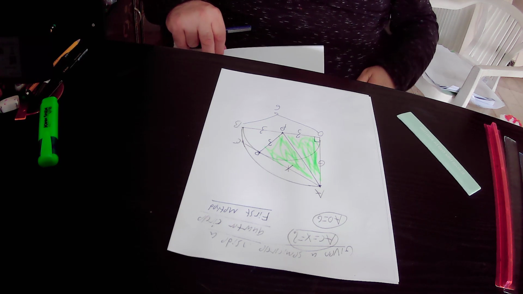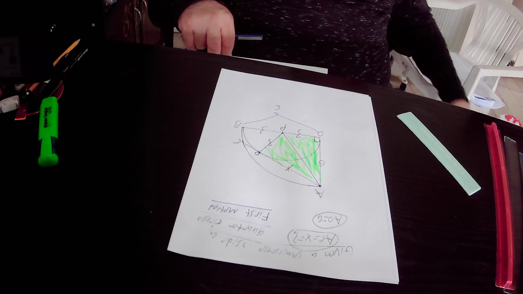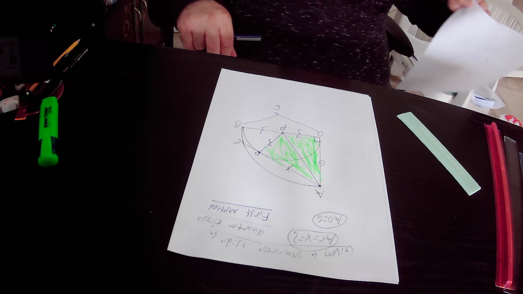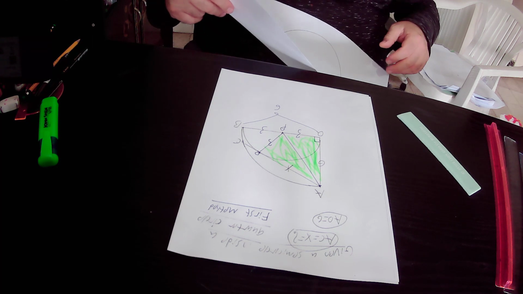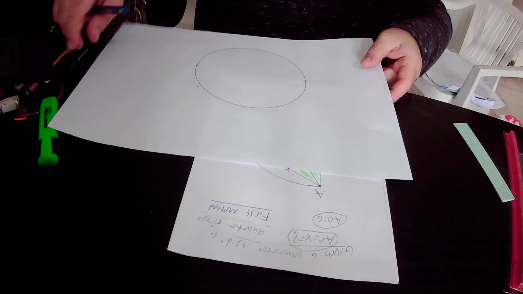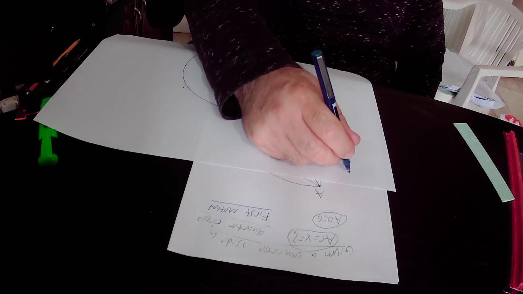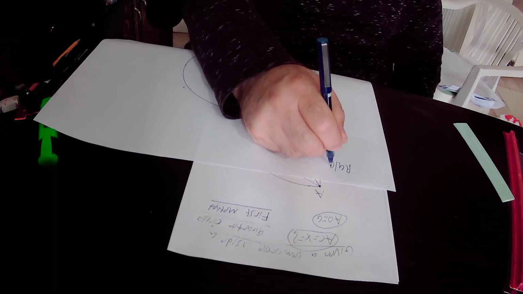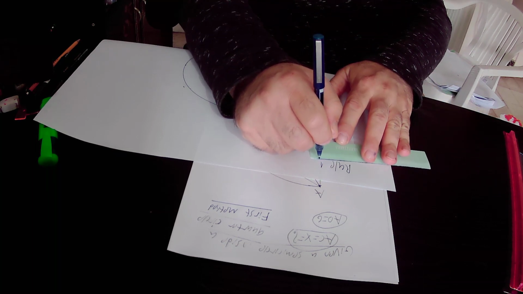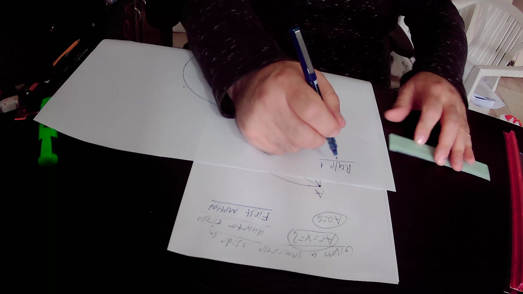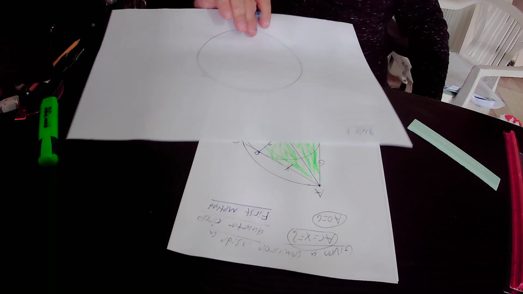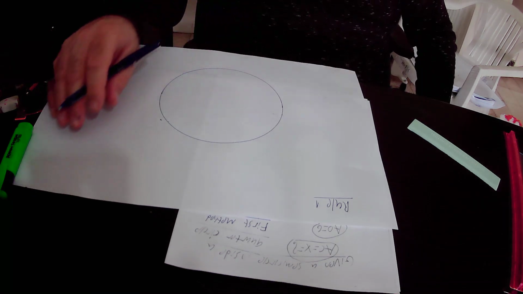But before that, I will present to you a new rule, rule number 1. After I present rule number 1, we prove that the two green right triangles are congruent according to the side rule.